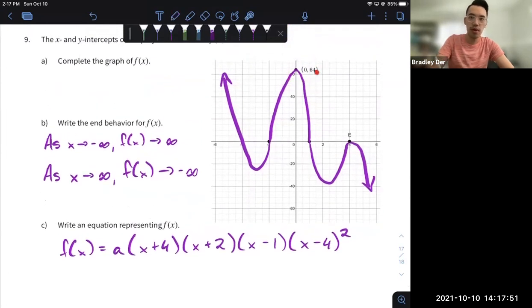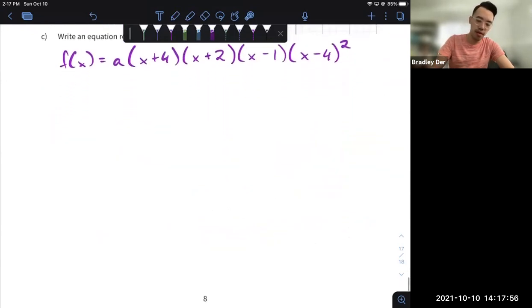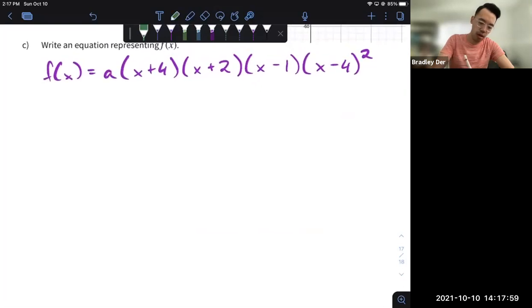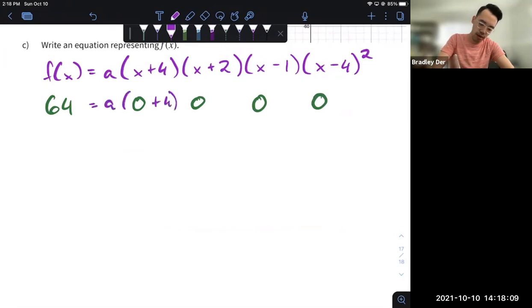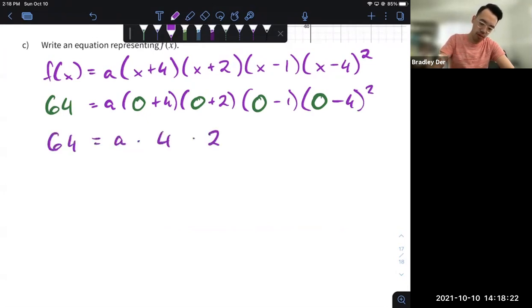Right, using our extra point up here, 0, 64, I can sub in for the y value, 64, and the x value being 0. Everything else, as it does, will stay the same. So 64 is equal to a times 4 times 2 times -1 times -4 squared, which would be 16.